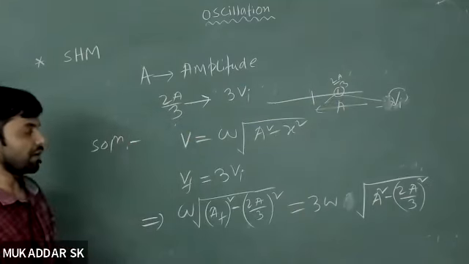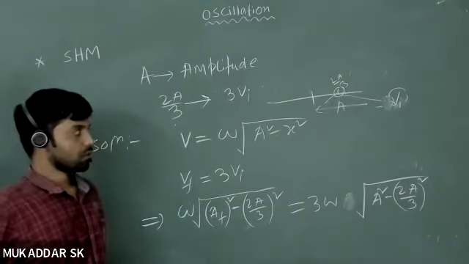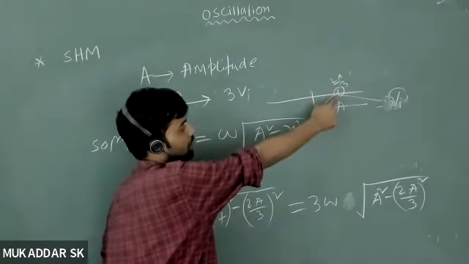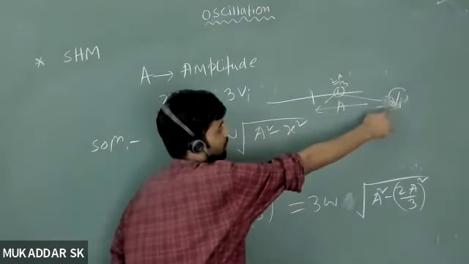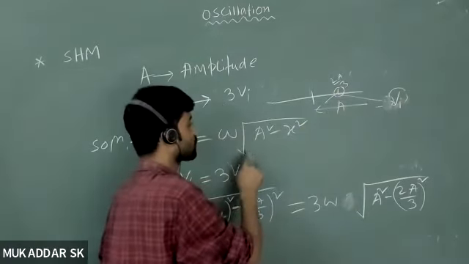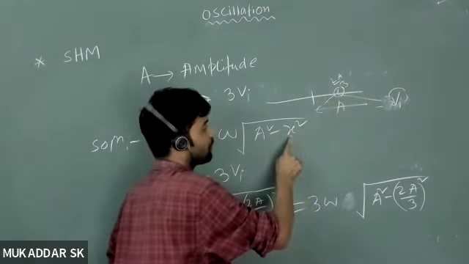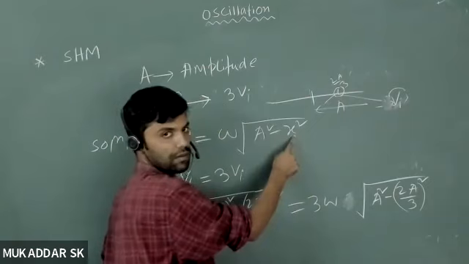Is this part clear, what I am trying to say to you, or do I have to repeat? According to the given data, the particle is at this position, and the velocity I have assumed is vi. So how will we write that formula? Omega square root of amplitude a square minus the position 2a by 3 squared.